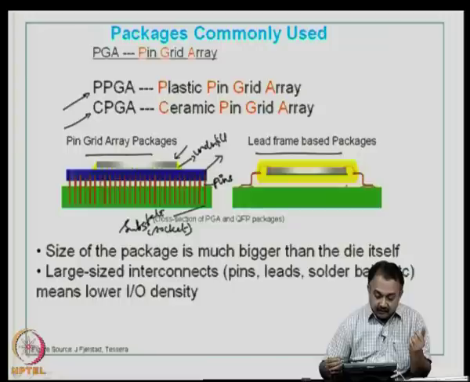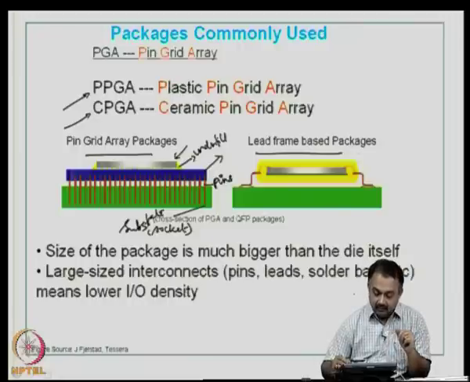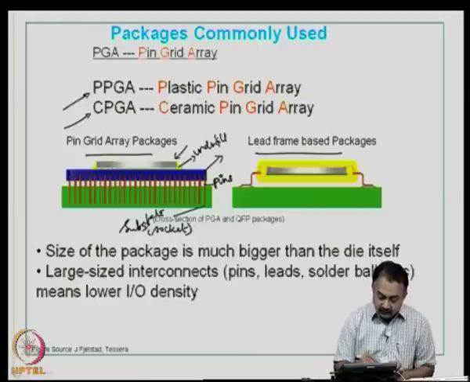In a pin grid array, the size of the package is much bigger than the die itself. You are going to use more package material to take care of fan out of the IOs and also the thermal part, removing a large amount of heat from the surface of the die. And the interconnect sizes are very large. Okay.